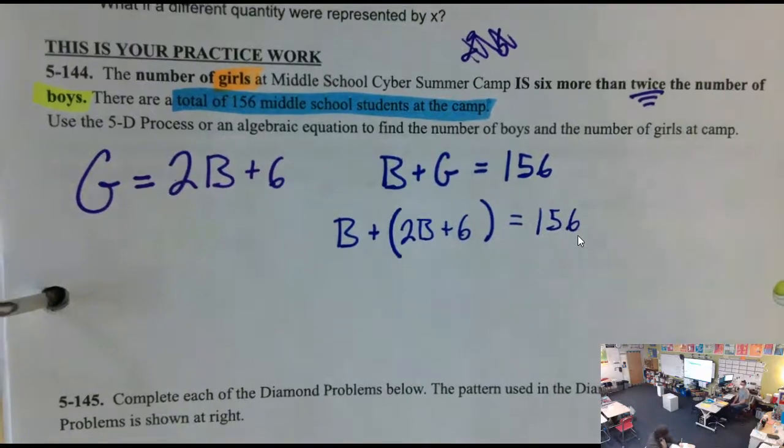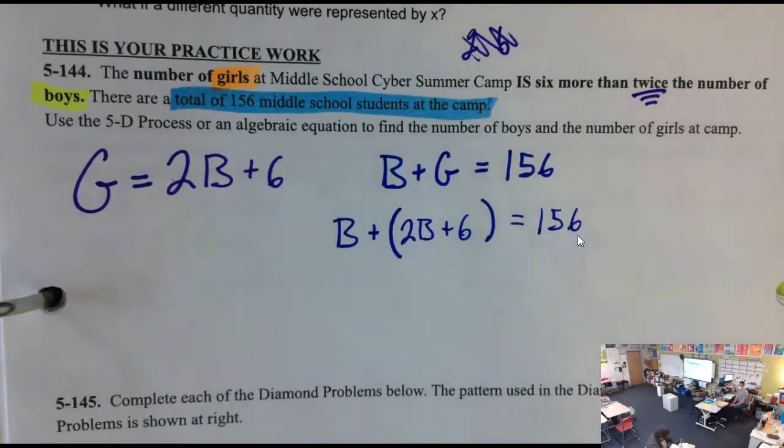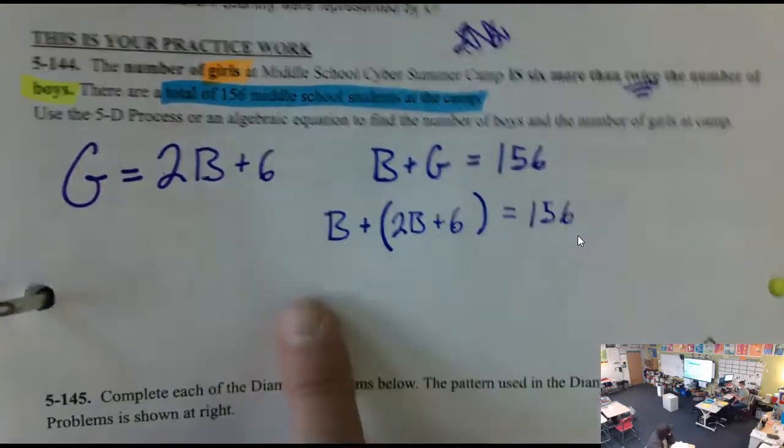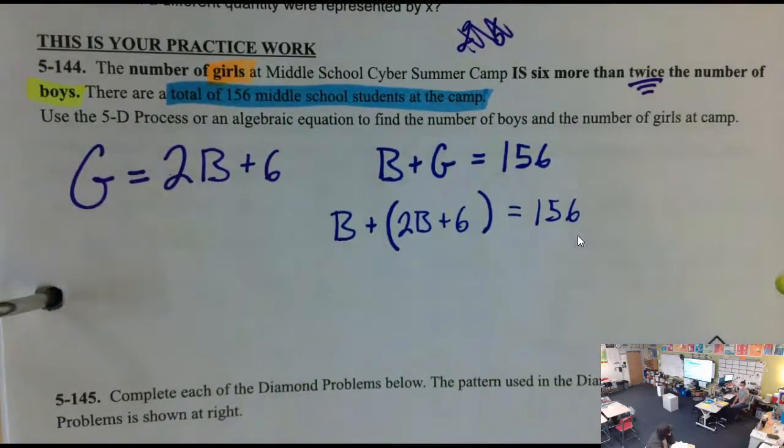Questions? I am not going to finish solving this for you, because at this point, we should be able to follow the page that I gave out today. We next are going to combine like terms. Then we're going to use inverse operations.